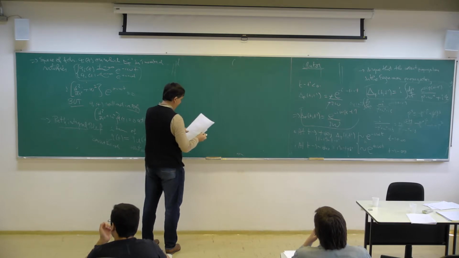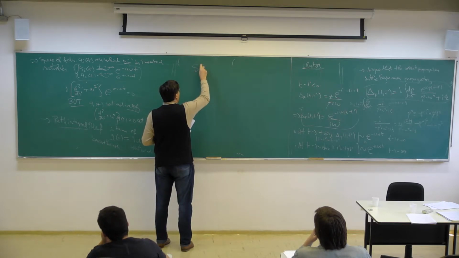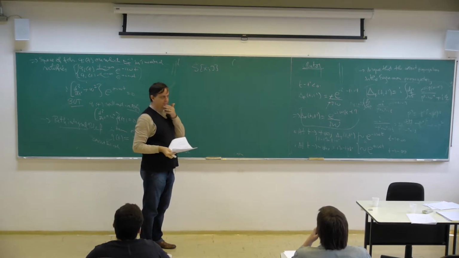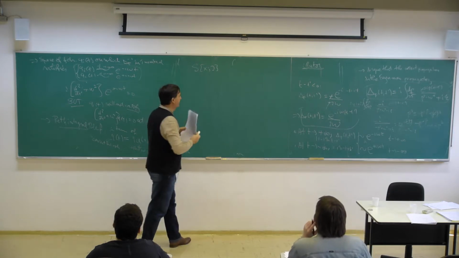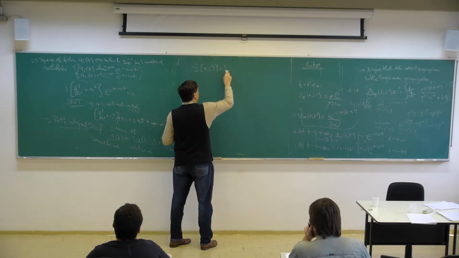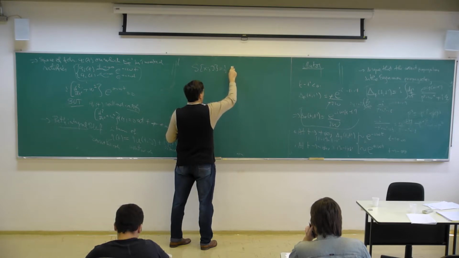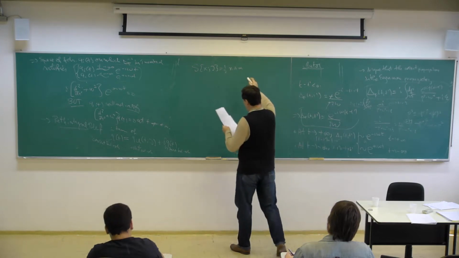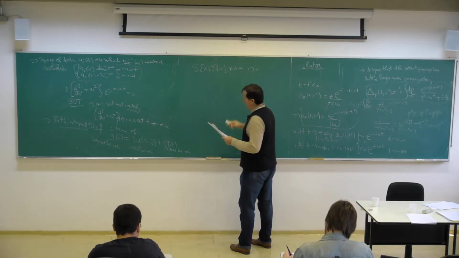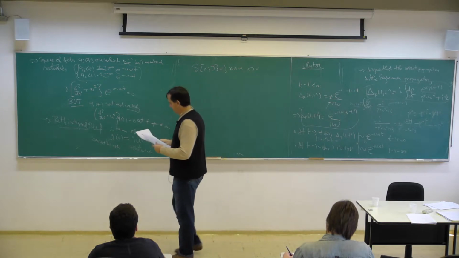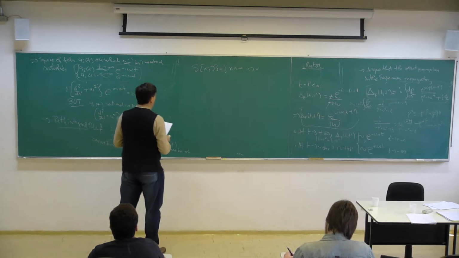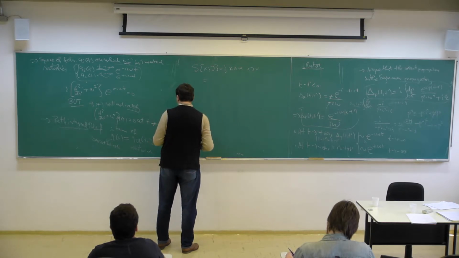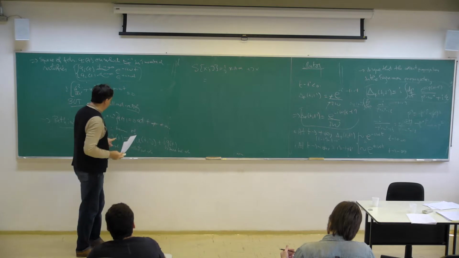So our action, in our Gaussian path integral, was written like 1/2 xAx plus jx. Here x stands for q of t.